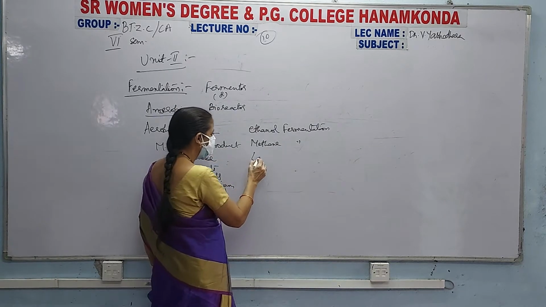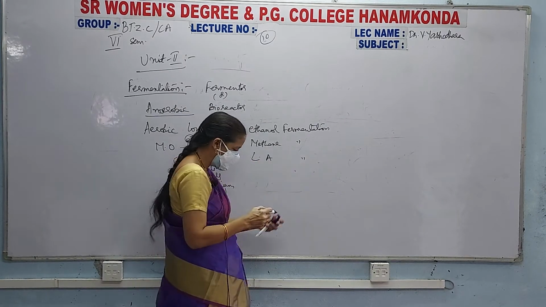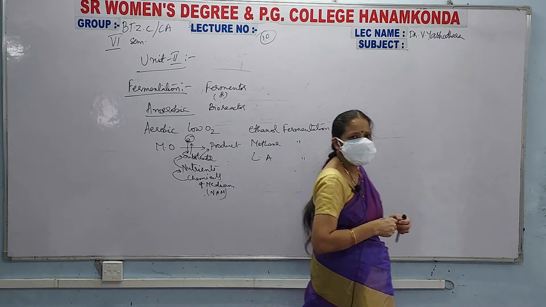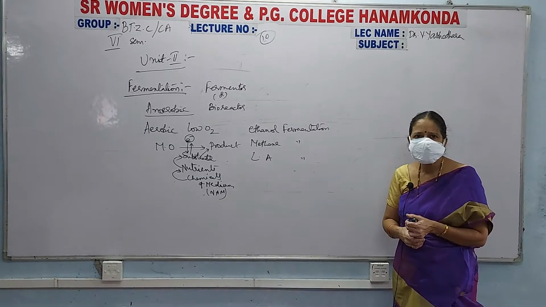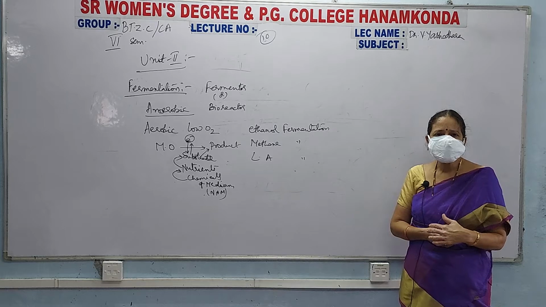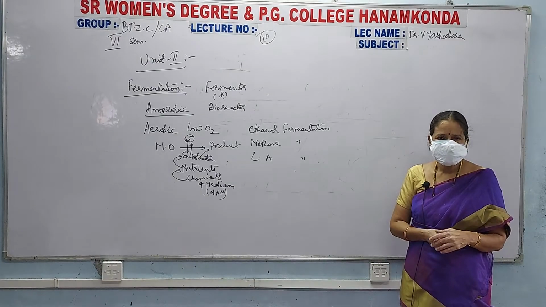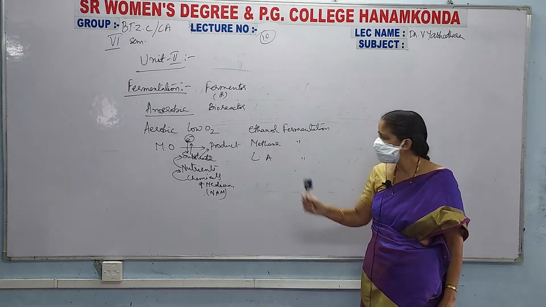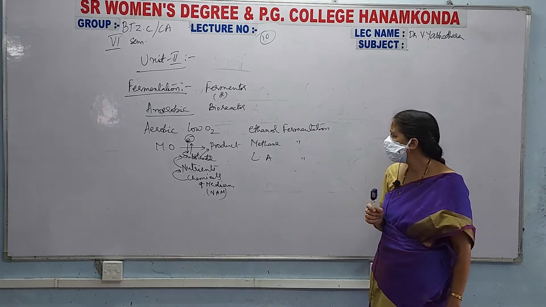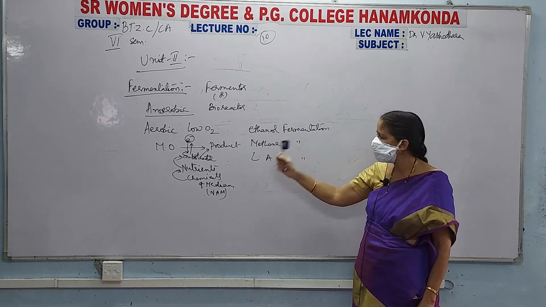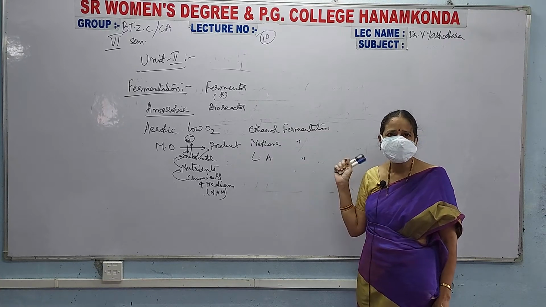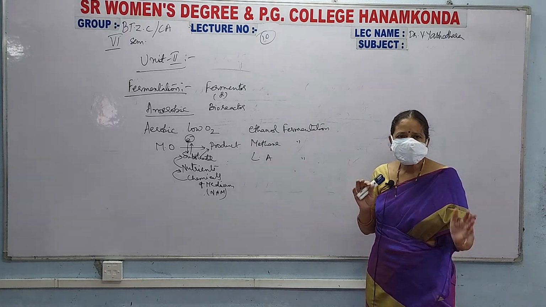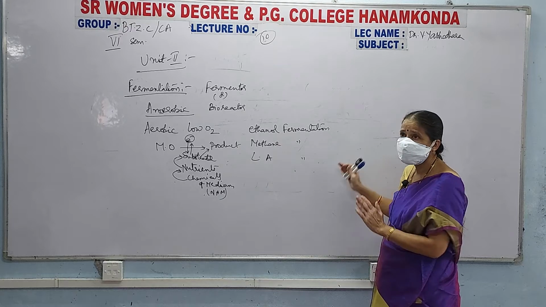Lactic acid is produced, lactic acid fermentation. That means the process of fermentation is named based on the product that is produced. So ఇథనాల్ produce అయితే దాన్ని ఇథనాల్ ఫెర్మెంటేషన్ టెక్నాలజీ అంటారు, మీథేన్ ప్రొడ్యూస్ అయితే మీథేన్ ఫెర్మెంటేషన్, లాక్టిక్ యాసిడ్ ఫెర్మెంటేషన్. Each and every fermentation process is named accordingly.